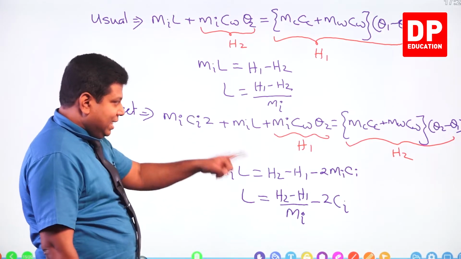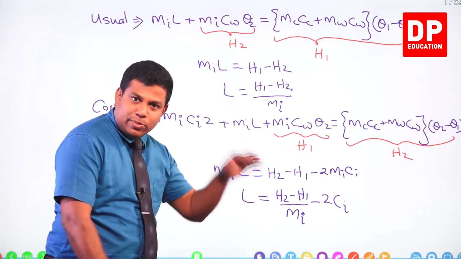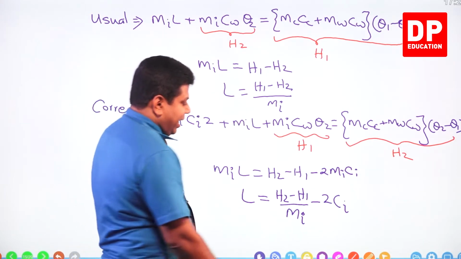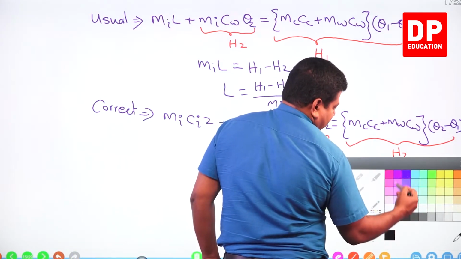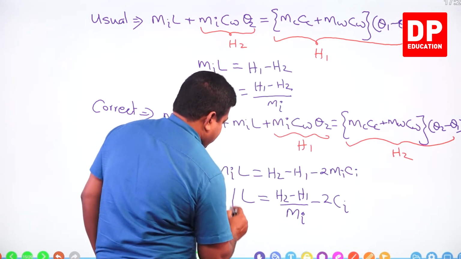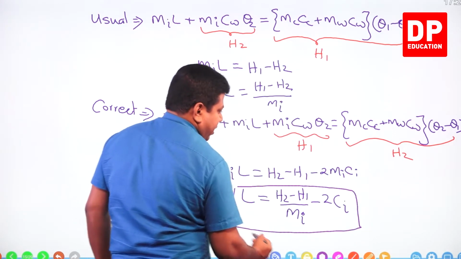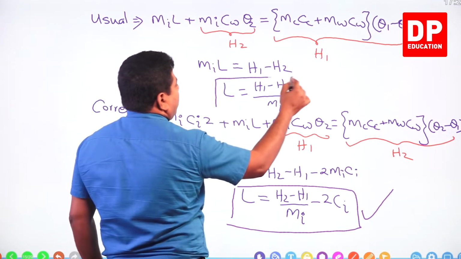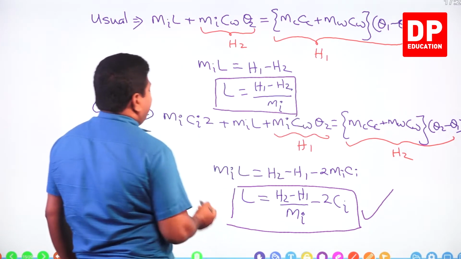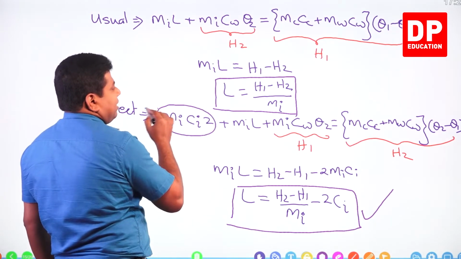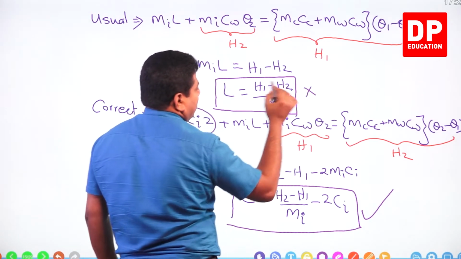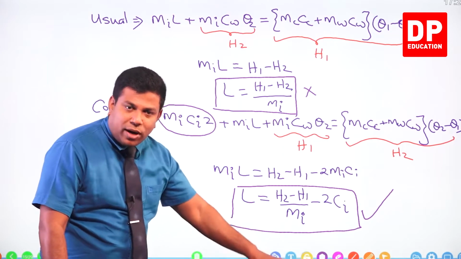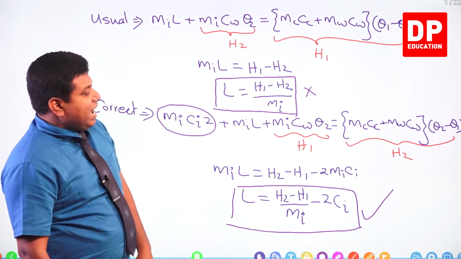Now which one is correct? This calculation is the correct one, as per the information now. The other is the incorrect one, because they missed this factor. Compare the correct and incorrect one. How much is the error?